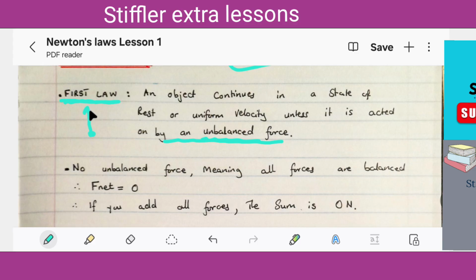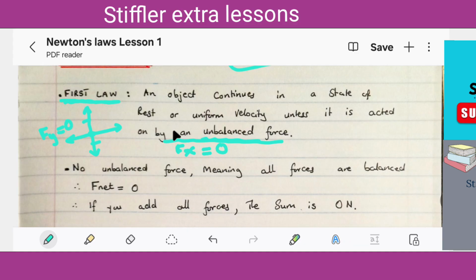It means that the up and down forces, when we add them, we get 0. So F resultant at Y is equal to 0. If we add this and this, we get 0. And also F at X, no matter how many forces you have, if you add them, you're going to get 0.